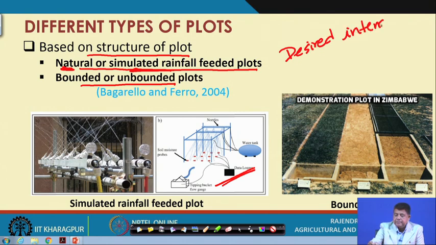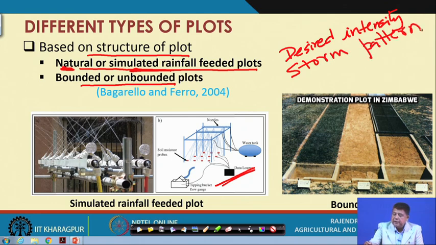intensity, that is, we can vary the intensity, we can experiment with various kinds of storm patterns, that is, rainfall first with very high intensity, then low intensity, then high intensity, or high intensity then low intensity. So, all kinds of storm patterns we can simulate when we are simulating rainfall.